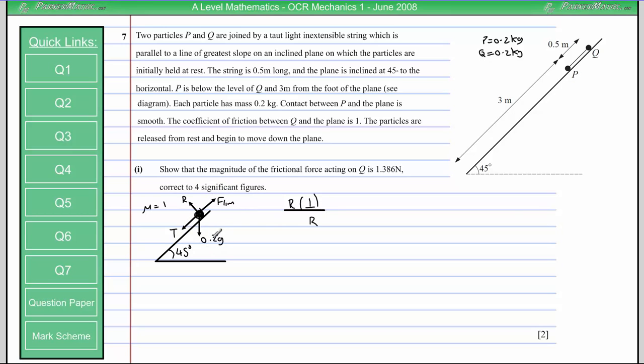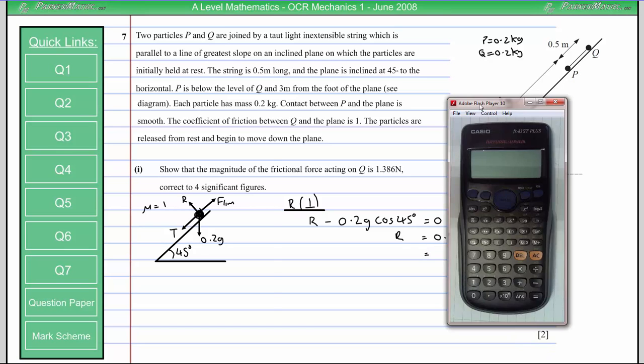We've just got the component of the weight into the slope, so it's the opposite direction to the normal contact force, and that's going to be 0.2 g cosine 45 degrees. The particle's not accelerating into or out of the slope, so mass times acceleration is 0, so R is just going to be 0.2 g cos 45.